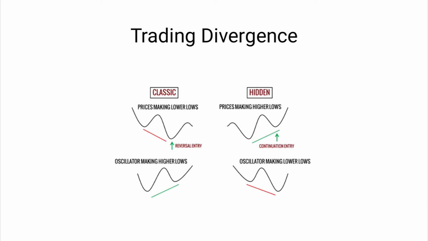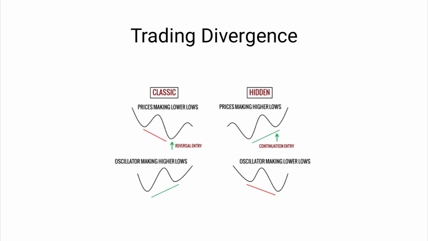On this episode I'm going to be talking about trading divergence. From the basics, there are two types of divergences. We've got a classic divergence and a hidden divergence.